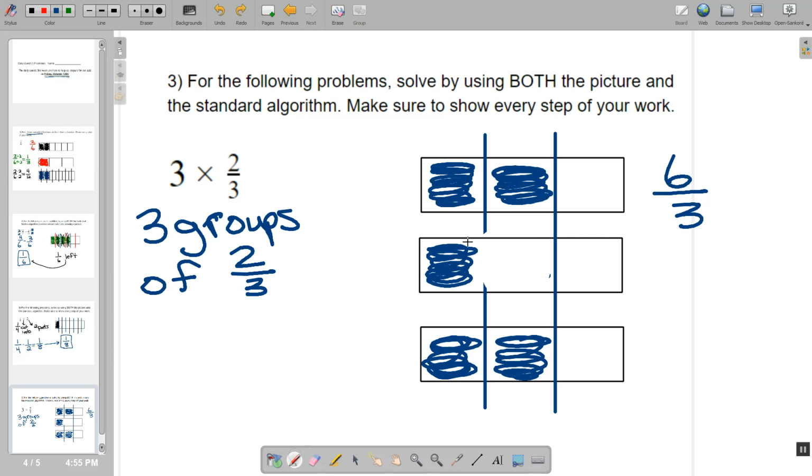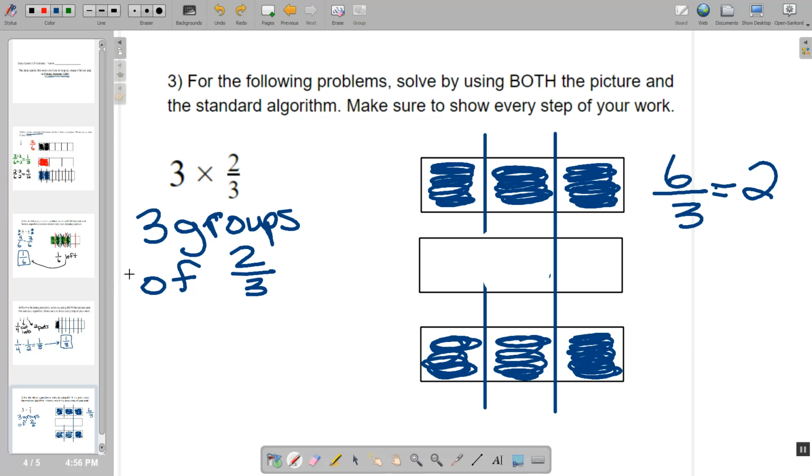Hopefully I don't erase all of the problems. So I've created one whole here on the top, and I'm going to take this piece, and I'm going to move it down over here to create another whole number. And I have no leftovers this time. So 6/3 is equal to exactly 2 wholes, which we showed with the picture.